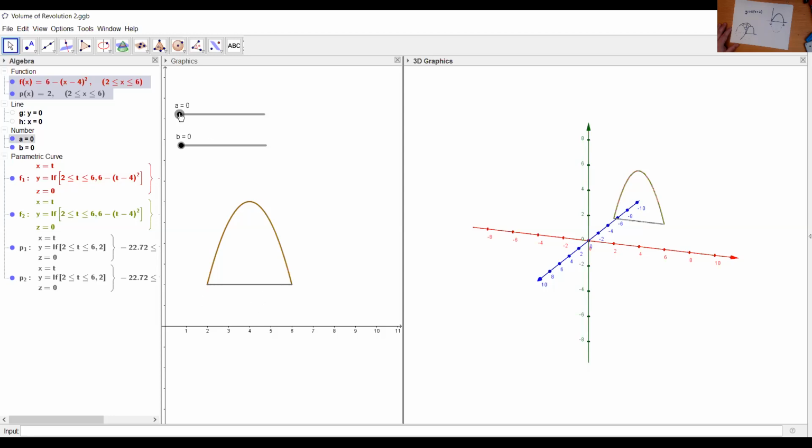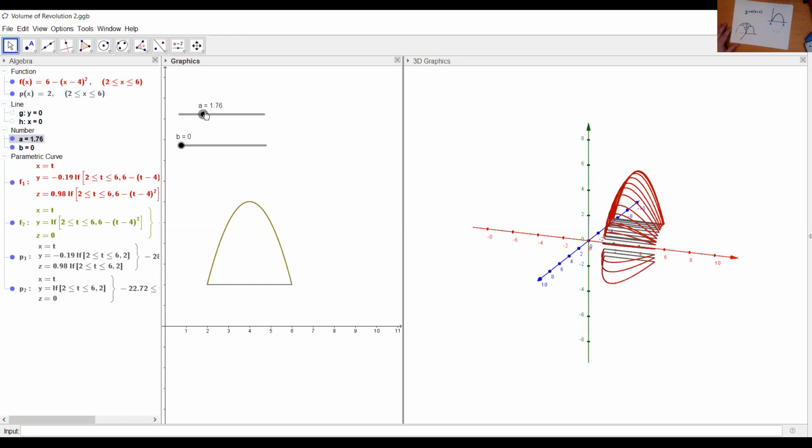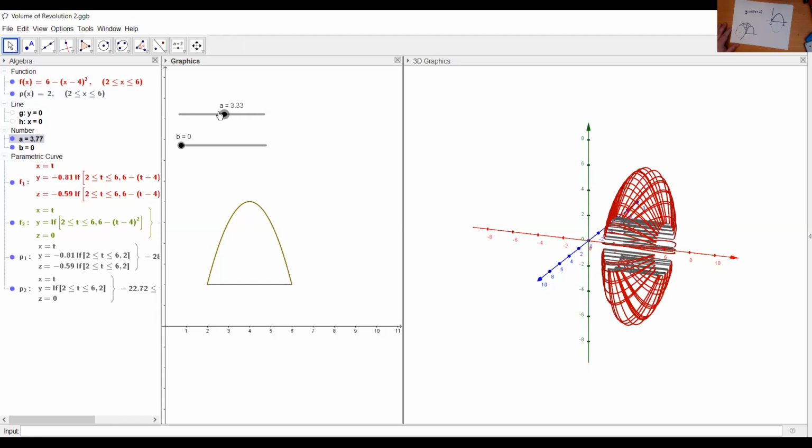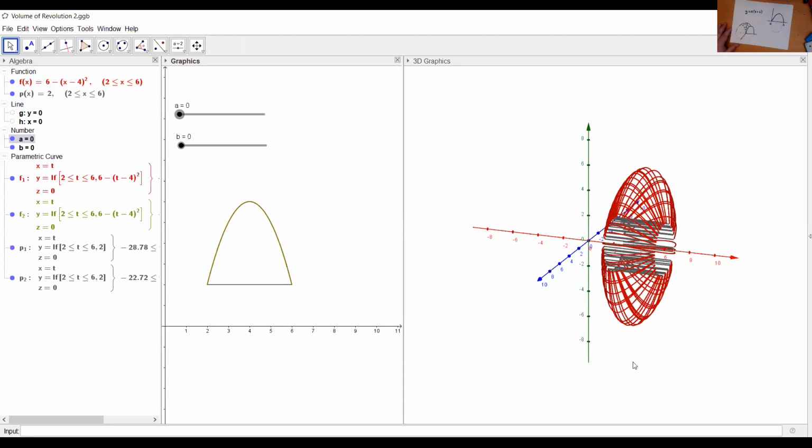But if we were to spin this guy around the x-axis, we get this strange looking solenoid-like shape.